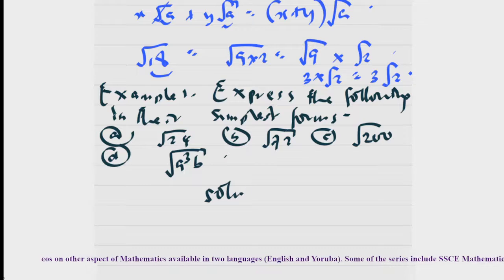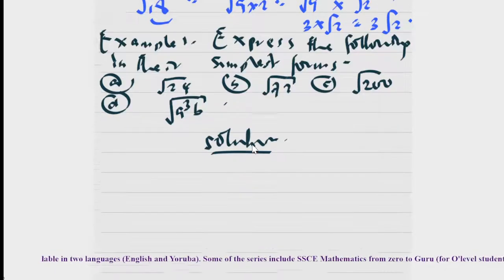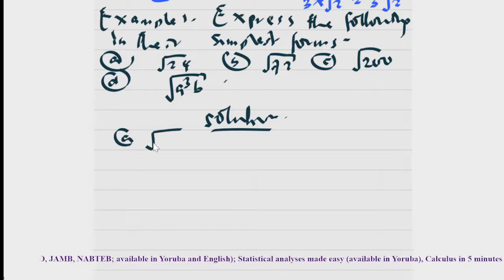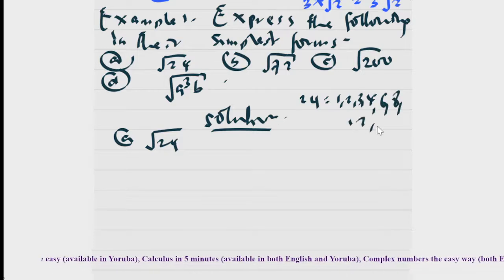Solution. This is not difficult to do. Remember I said if you want to express a surd in its simplest form, what you have to do is express the number inside the radical as the product of two factors such that one of the factors is a perfect square. Okay, look, when you have root 24, the factors of 24 are 1, 2, 3, 4, 6, 8, 12, and 24.